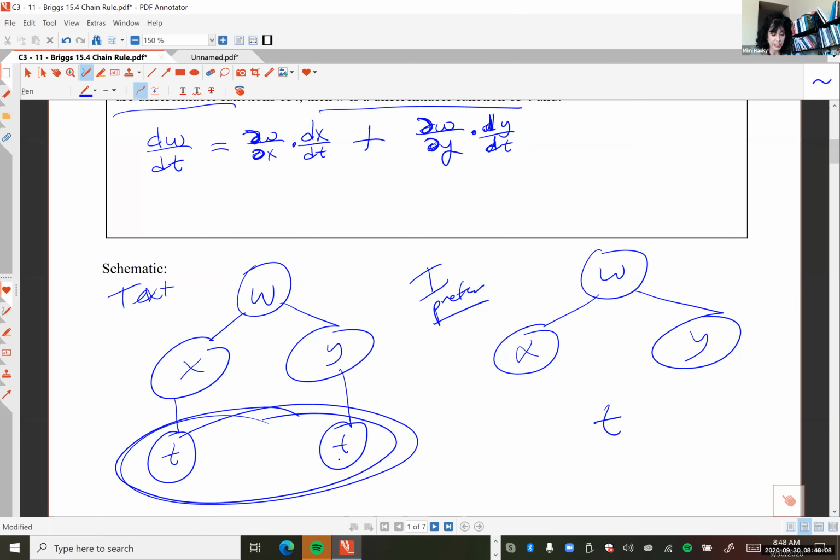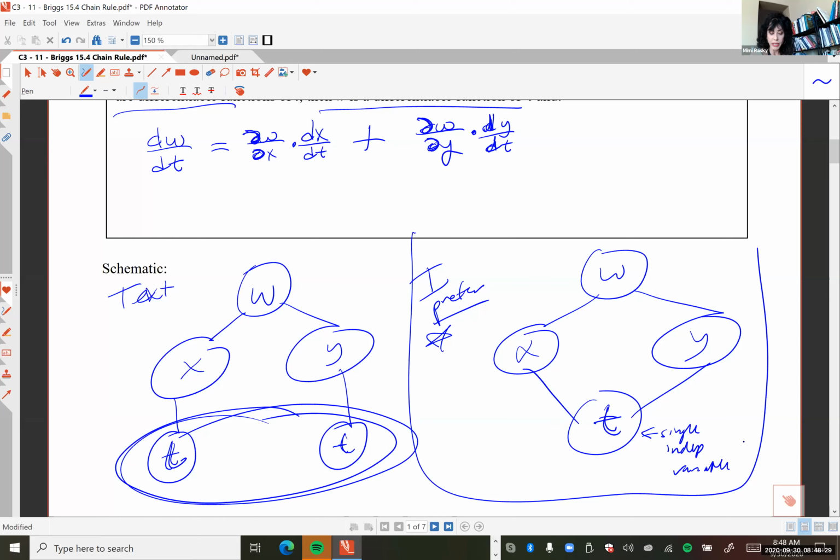So ideally, the better schematic is mine, because this t, which is your single independent variable, is the t that's driving the bus. And now I'm going to use this to put on the branches the derivatives that you need to take. On this branch, you have the partial dw dx, take the partial of w with respect to x, and then you multiply that guy with dx dt.